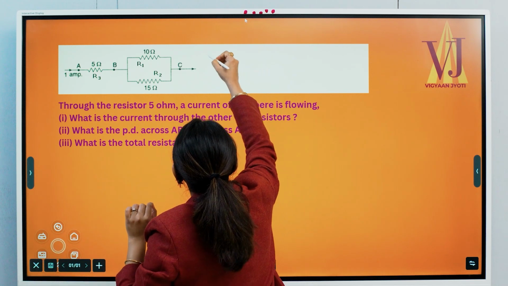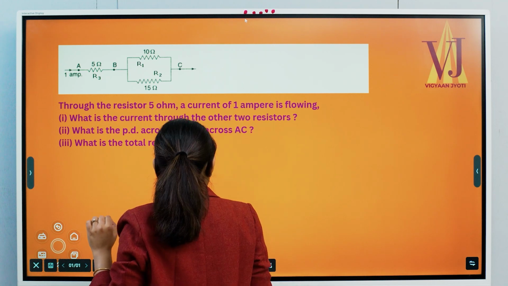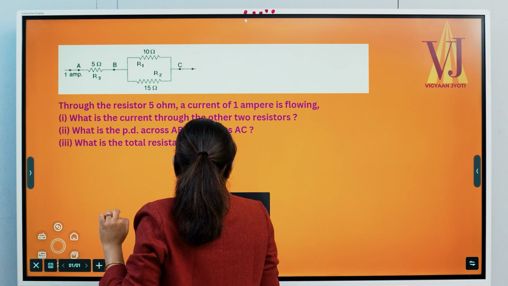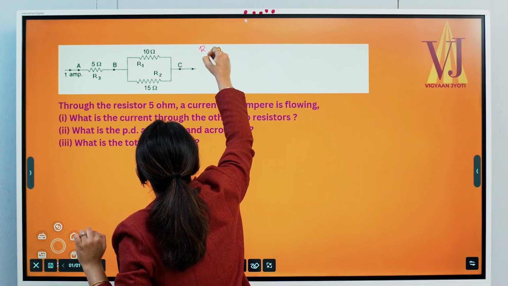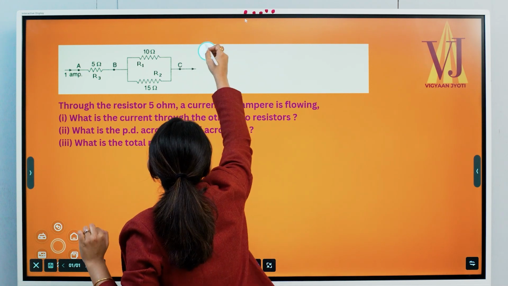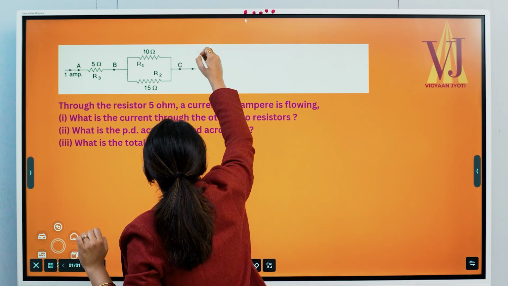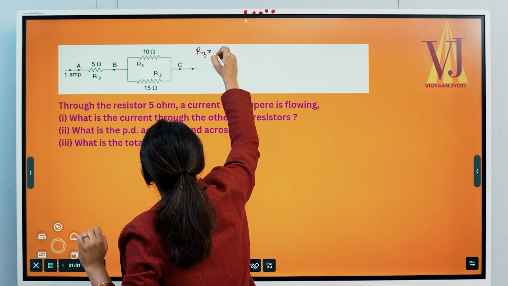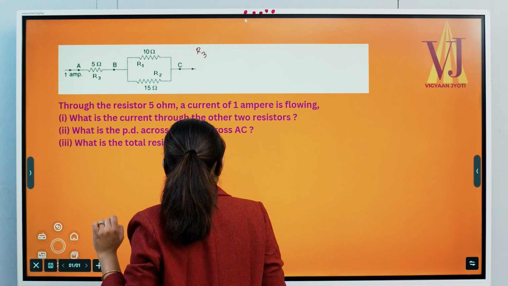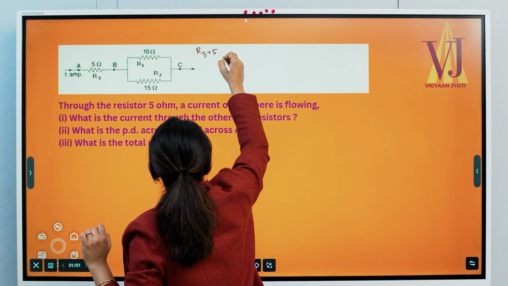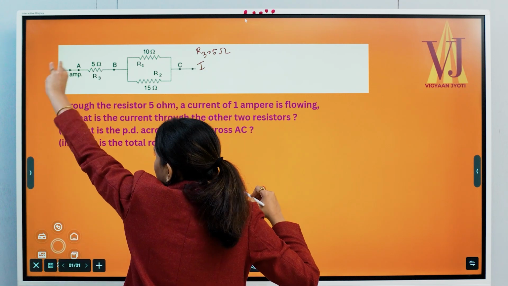So R3 equals 5 ohm. Clear? And if you see, this is series, that means the current is coming.